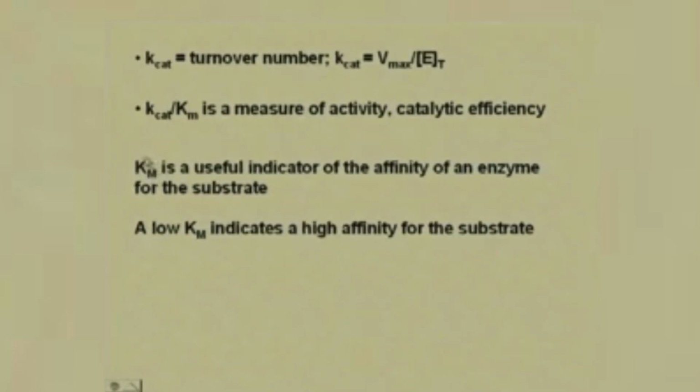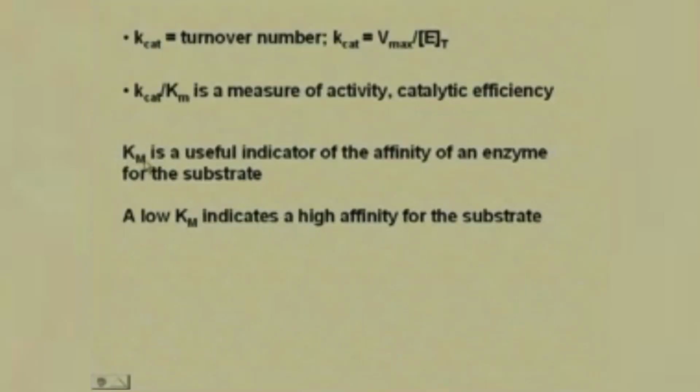Km, we understand, is a useful indicator of the affinity of an enzyme for the substrate. Why is that so? It is because it is relating the rate constants of the formation of the reactions, right? So what is Km a combination of? It is a combination of K1, K minus 1 and K2, and what is Kcat?